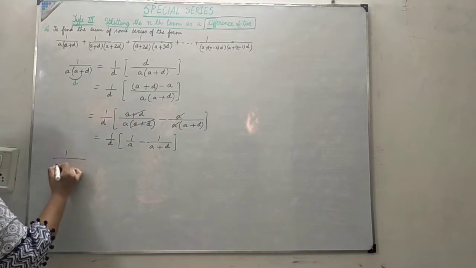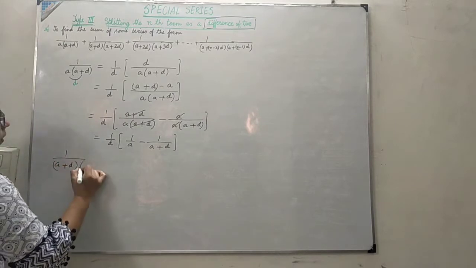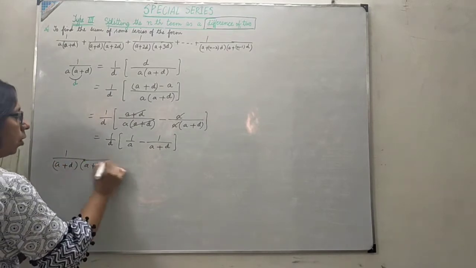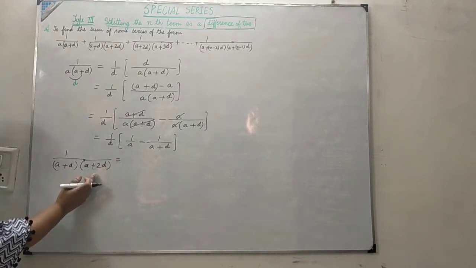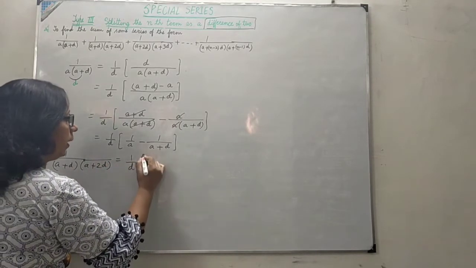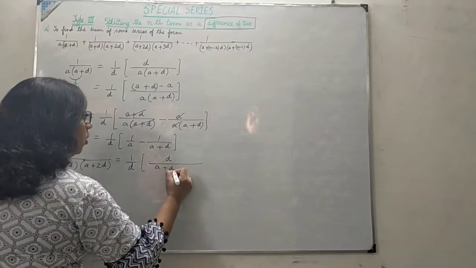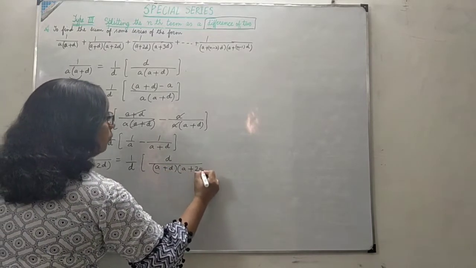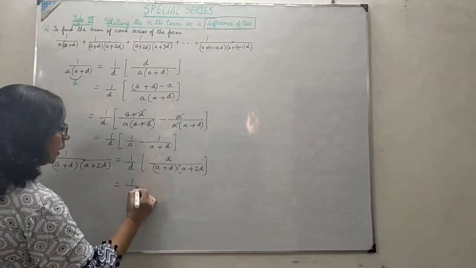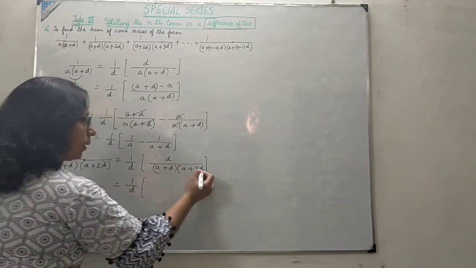Similarly, if I take the next one, a plus 2d, again the common difference of the two terms is d. So I divide by d and multiply by d and keep the denominator as it is. After that, again I will add and subtract.